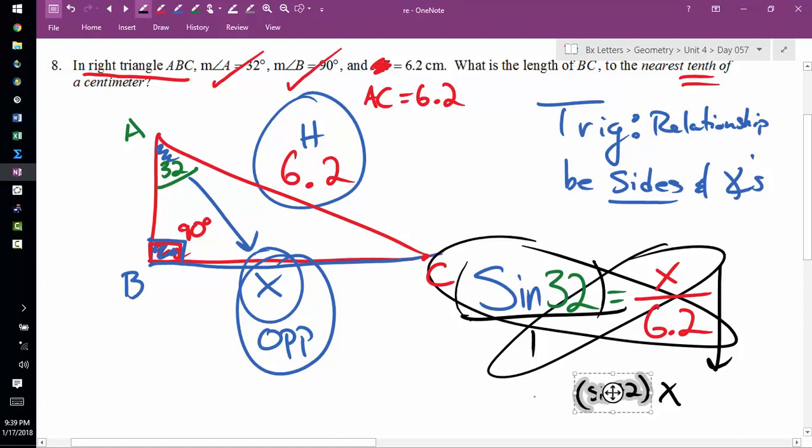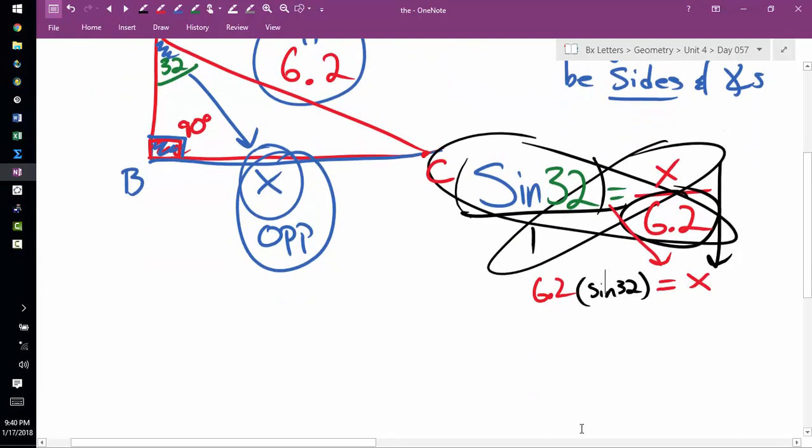Guarded in parentheses, and then put that 6.2 in front of it, right? Because it's 6.2 times the sine of 32, and that all needs to equal x. I just forgot to put down my equal sign originally. So if I look at the work that's on my paper, x equals 6.2 times the sine of 32.